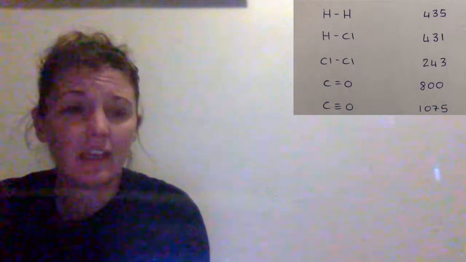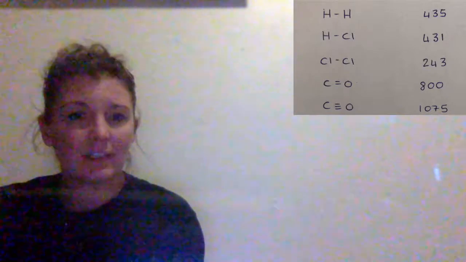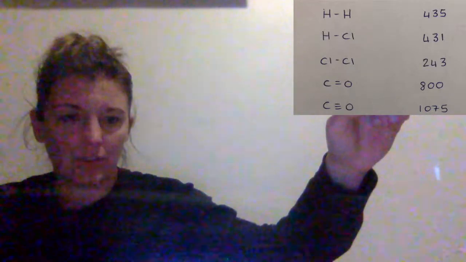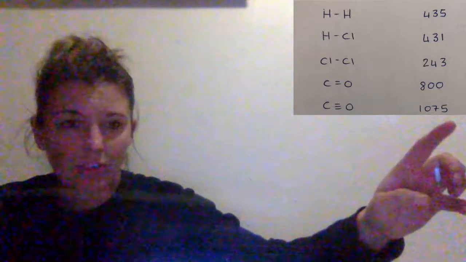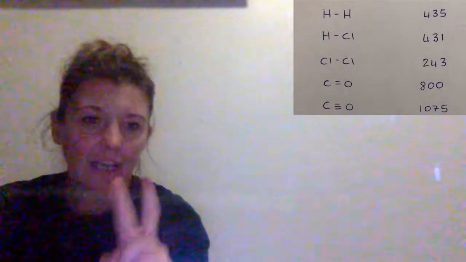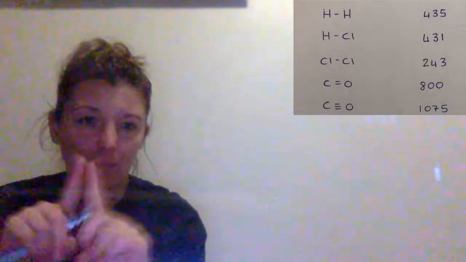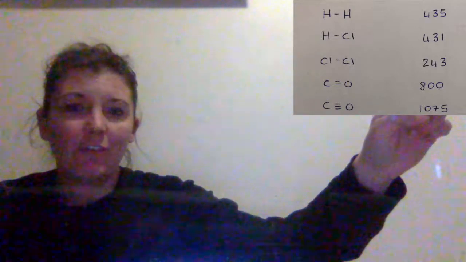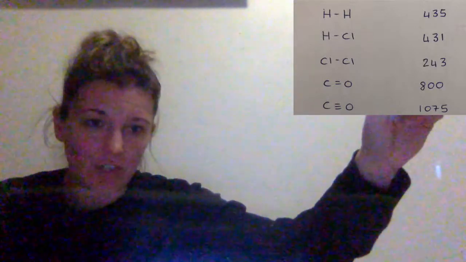Okay, so the first way we can calculate it is by using the amount of energy that we know is required to either break or make these bonds. They'll give you a table like this with existing energy values. So we know to break an H-H bond, like in H2 which has a bond between the two H's, it requires 435 kilojoules per mole of energy.